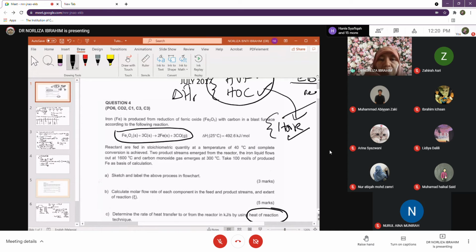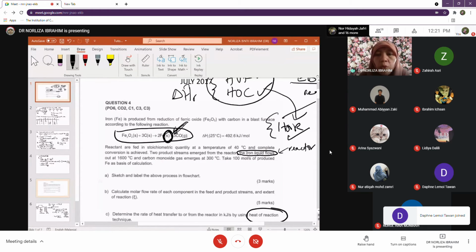Referring to the reaction, the ferrum produced is still in solid form, but here the iron flows out as liquid. This is what comes out of the reactor, the product of the reactor, as opposed to the product of the reaction. I hope you can differentiate the two.